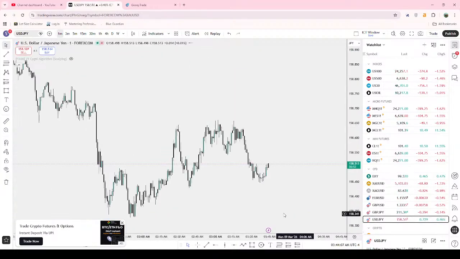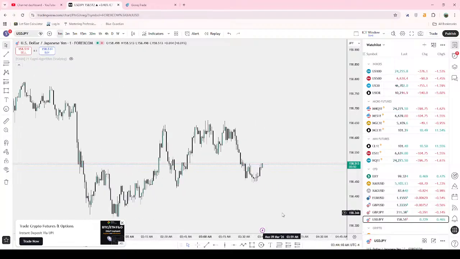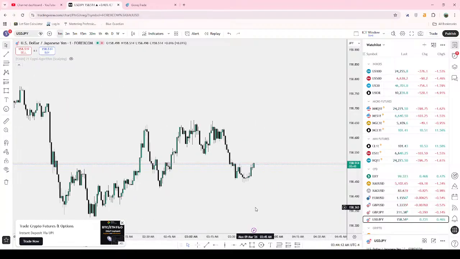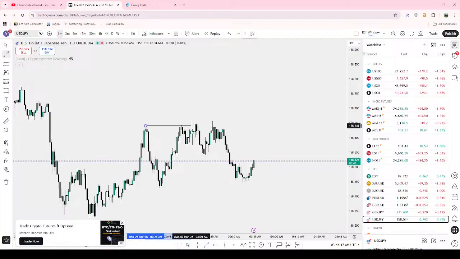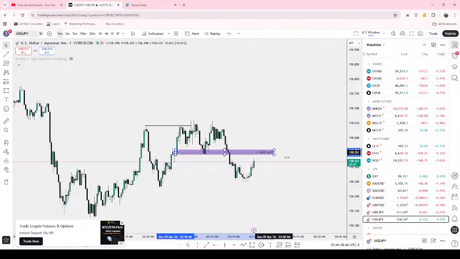How about USD JPY? Did we have any kind of setup? So we had this mass block, here it is.